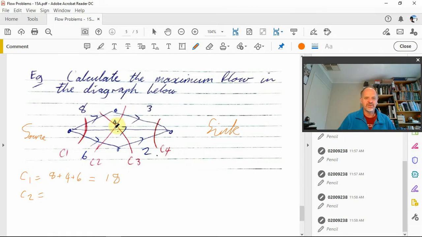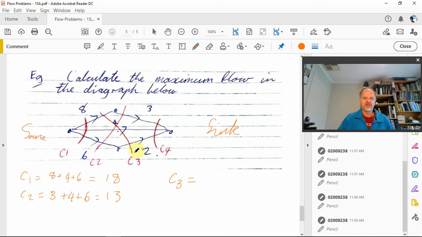All right, so we're going through there, there, and there, all going from source side to sink side. This one's 3. This one here is 4. And this one here is 6. So that one is 13.